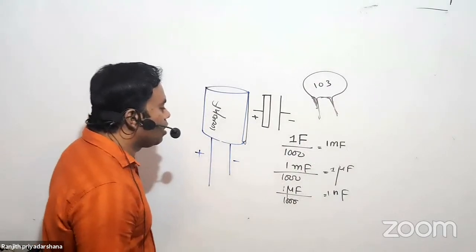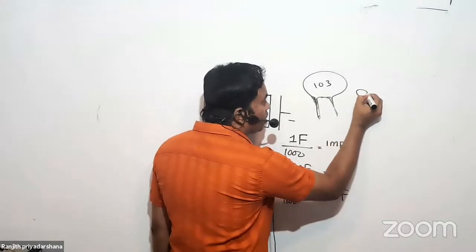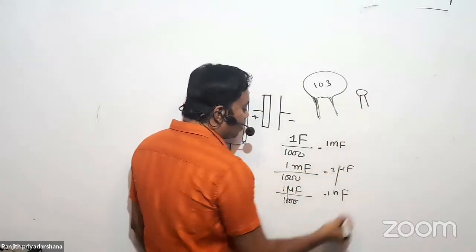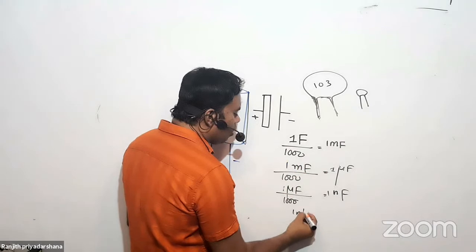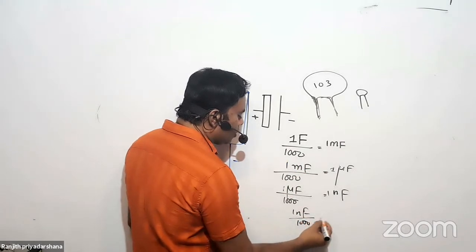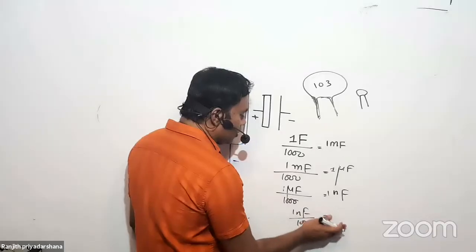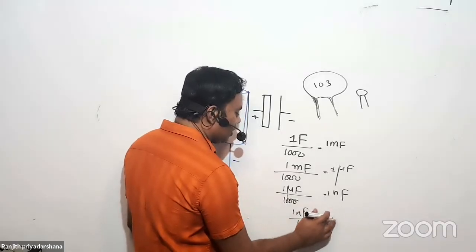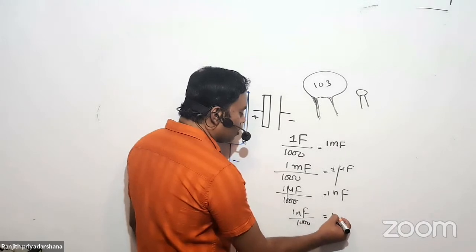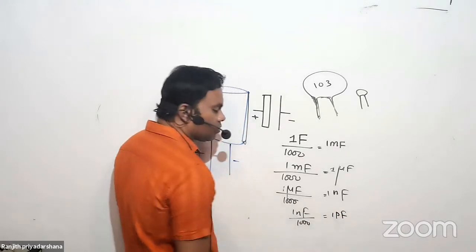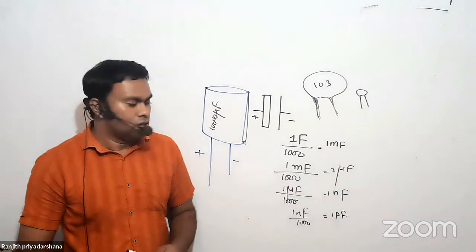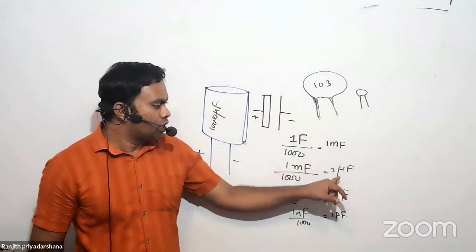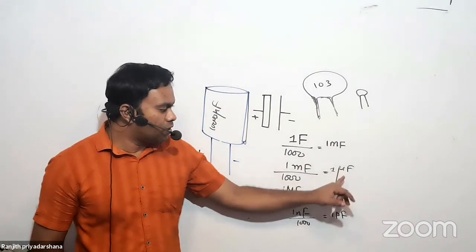Some are even smaller. 1 nanofarad is further divided into 1000. They are used a lot in walkie-talkies, because their frequency has to be increased. So that's 1 picofarad. You can see this milli, micro, nano, and pico.